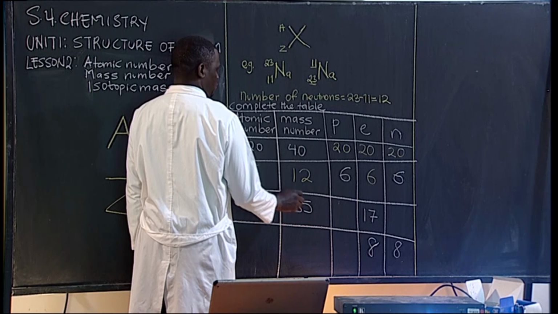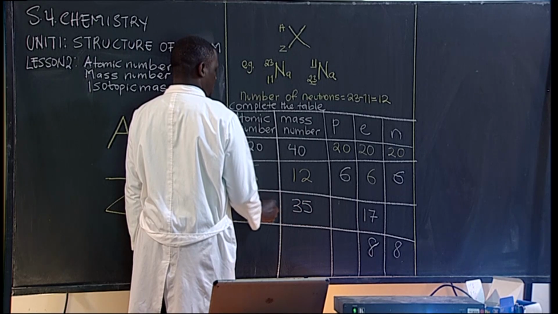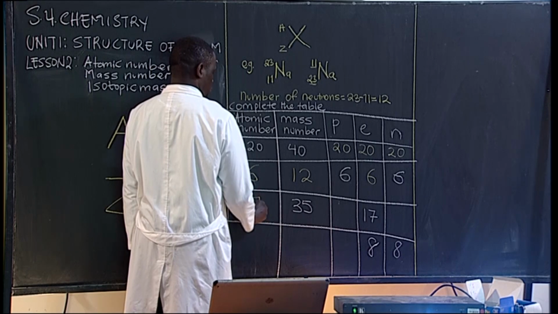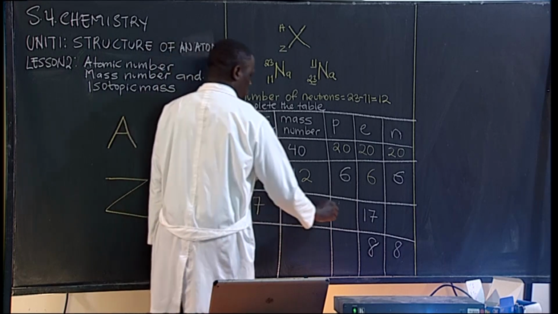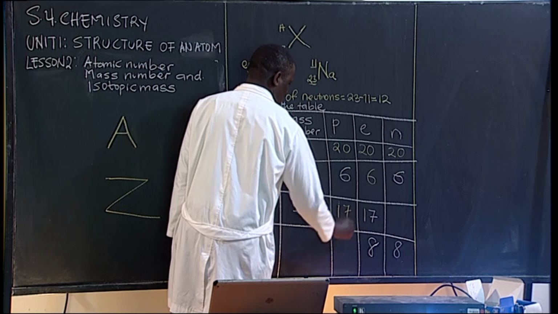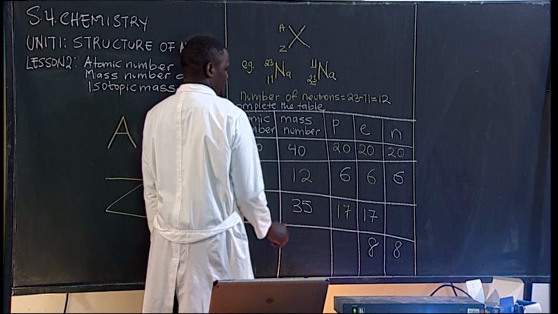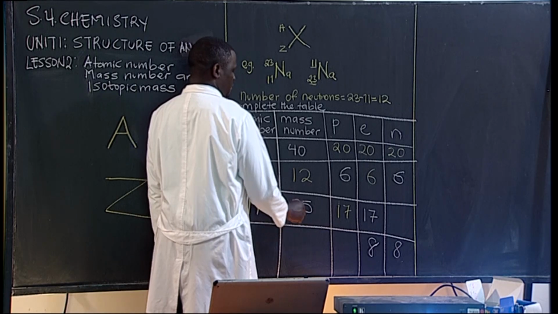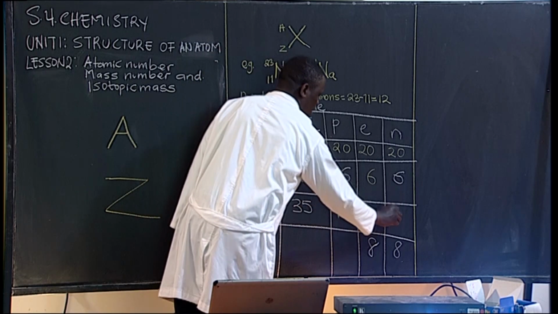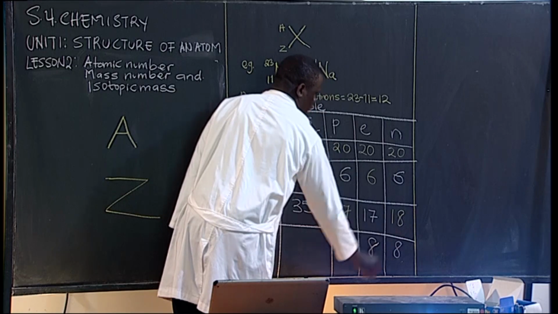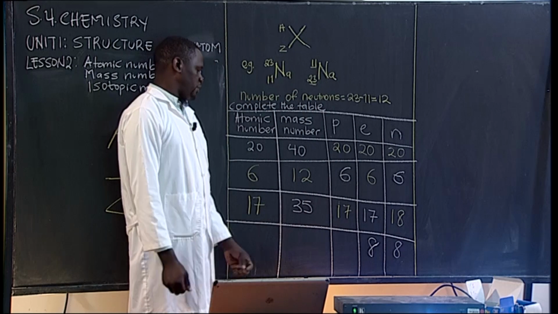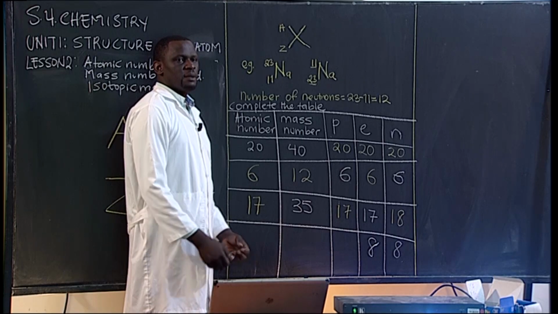The atomic number will be equal to the number of electrons if the atom is neutral, so it will be 17, even the protons will be 17, and we subtract 35 minus 17, which will be 18. The last one, I leave it as your trial. Make sure you try out the last one.